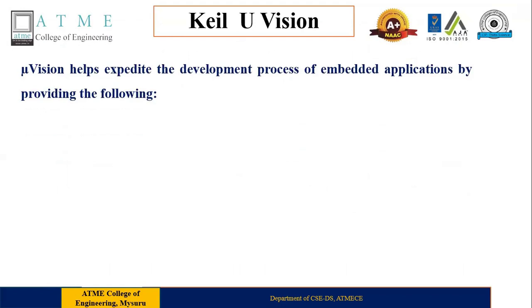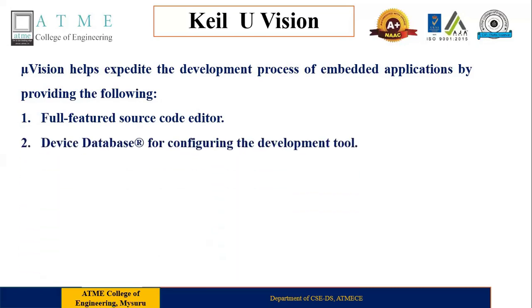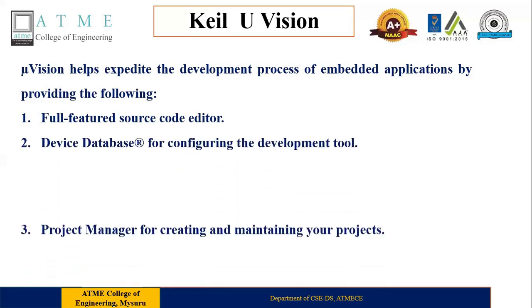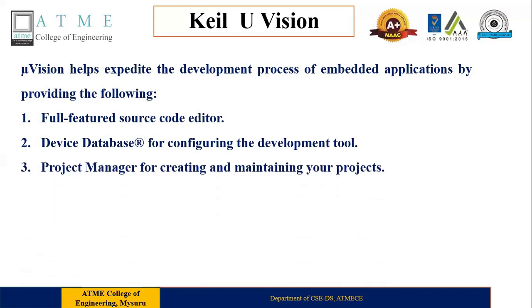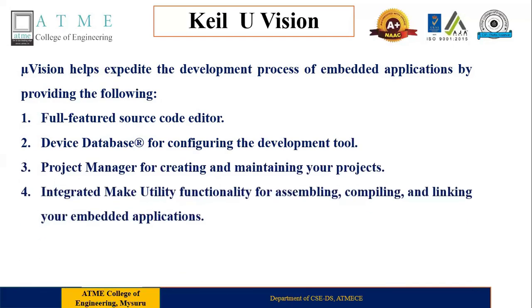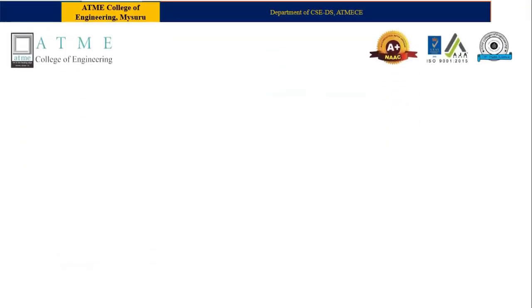It also gives expertise in the development process of embedded system applications in the following manner: a full-featured source code editor, a device database for configuring the development tool, a project manager for creating and maintaining your projects, integrated make utility functionality for assembling, compiling, linking, and other features, and dialogs for all the development environment settings.